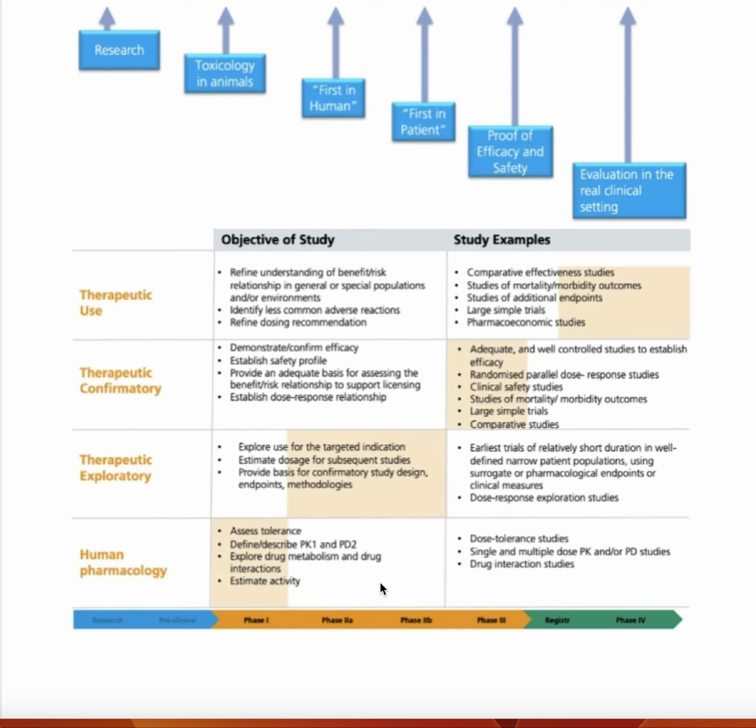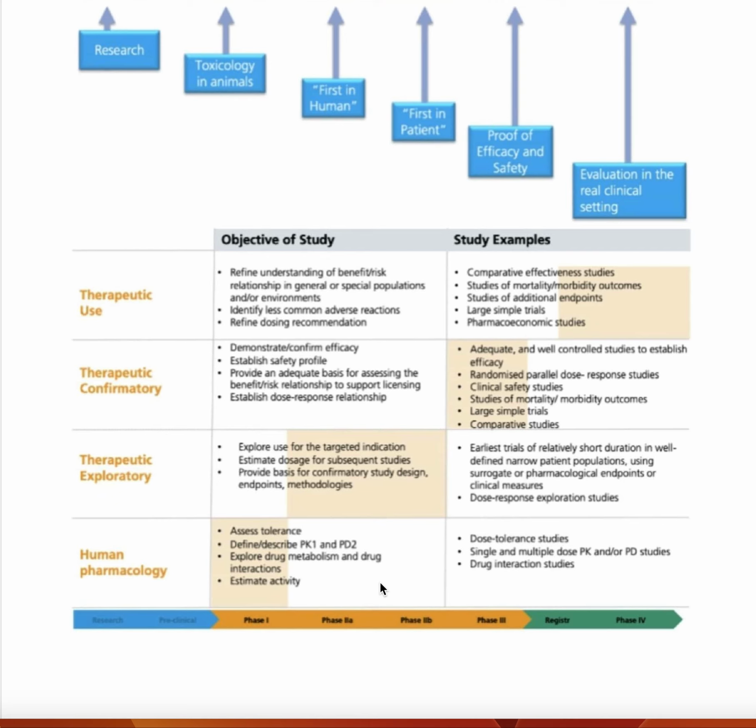The other thing, estimate the dosage for the subsequent studies. Actually, when we are studying what are the target indications, we can now know what are the dosage form, and we provide the basis for the next step or for the next phase, which is confirmatory therapeutic.